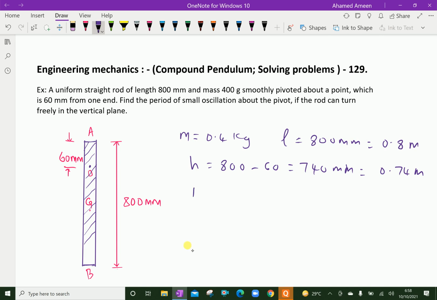Let I0 be the moment of inertia about the point O, equal to Ig plus mh square by the parallel axis theorem.